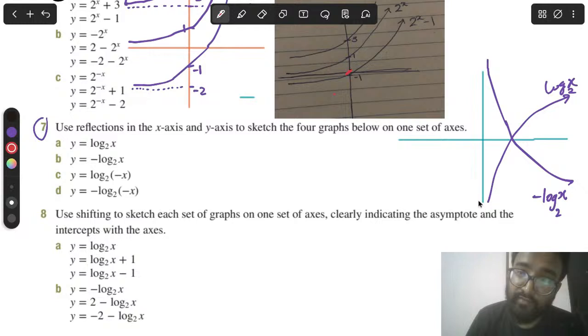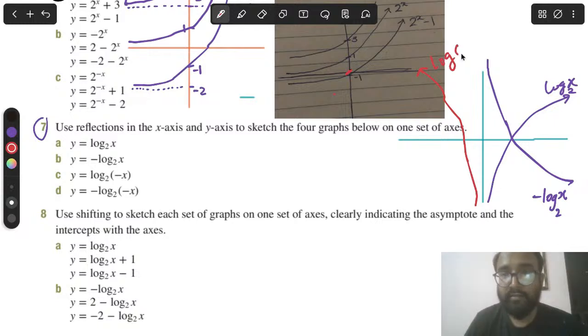So this will be your log of minus x. And minus of log minus x is, very good, reflects about the x-axis.